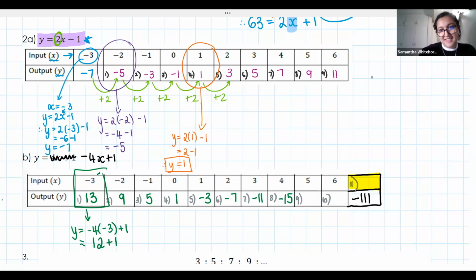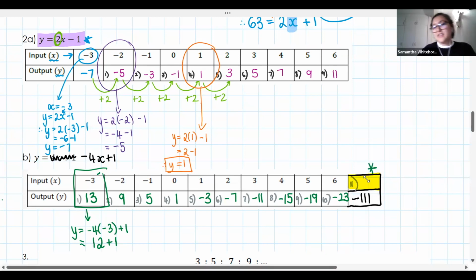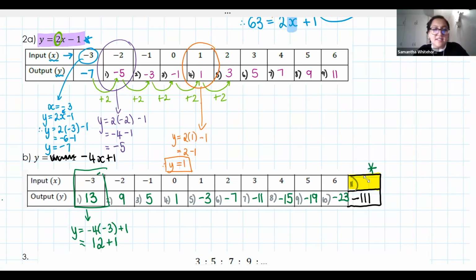Yes, good. Number 9 is -19. Number 10 is -23. Then number 11. Don't cheat. Number 11 is -27. Oh, so close. No. Let's listen to corrections. But well done.